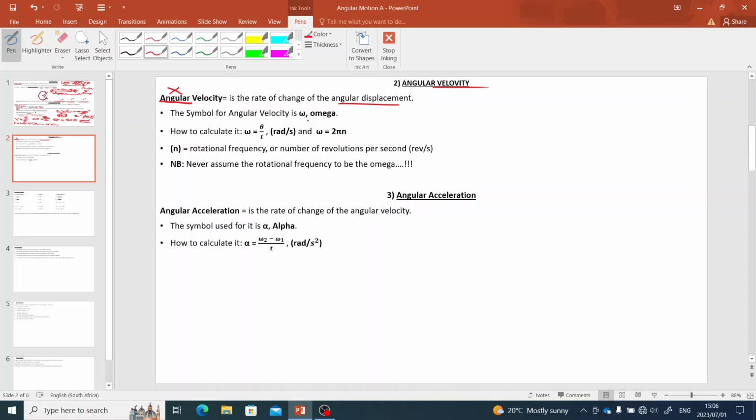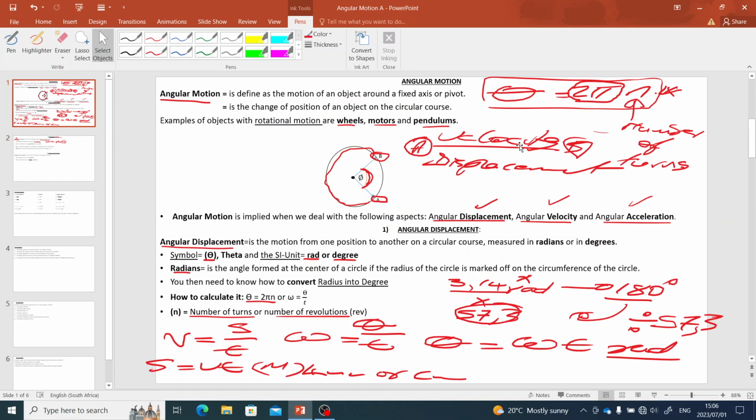Now, angular velocity is denoted as omega, like I indicated on the first part. The symbol is the funny W, omega. The SI unit of angular velocity is rad per second. Remember we said the SI unit of angular displacement is radians, rad, or degrees.